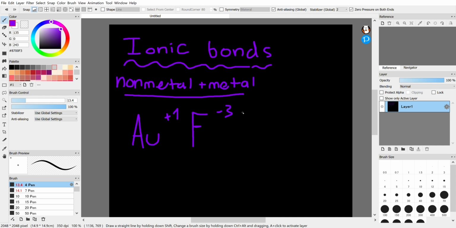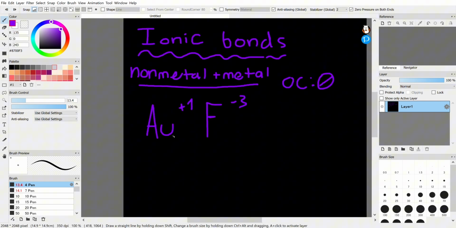Now, we want the overall charge to be 0. So, OC, standing for overall charge, we want that to be 0. And the way that we're going to achieve that is we're going to add these two together, right? So if I were to add a +1 to a -3, you would get a -2. But that's not 0.